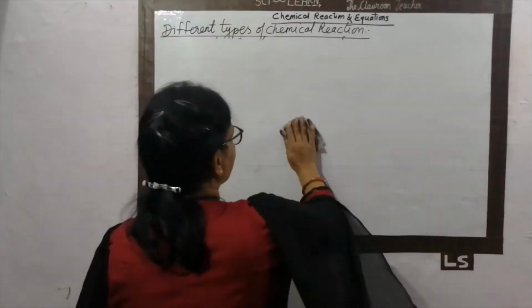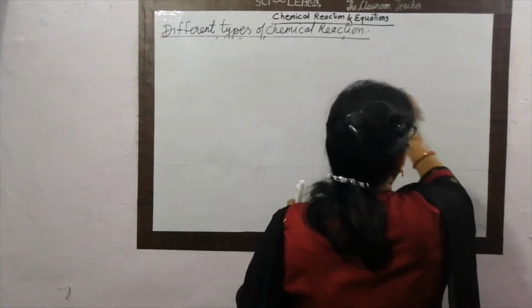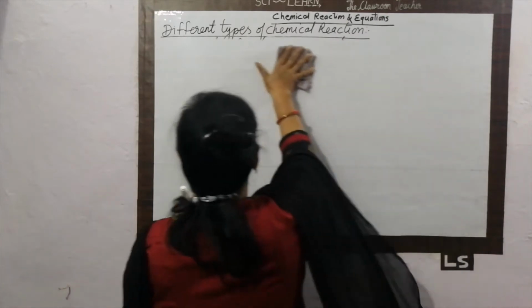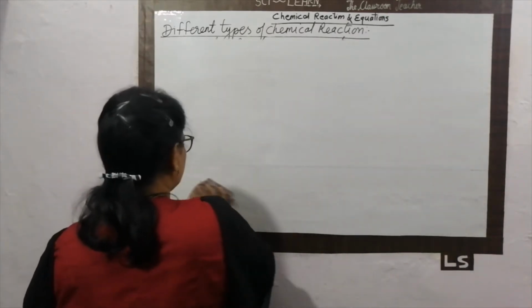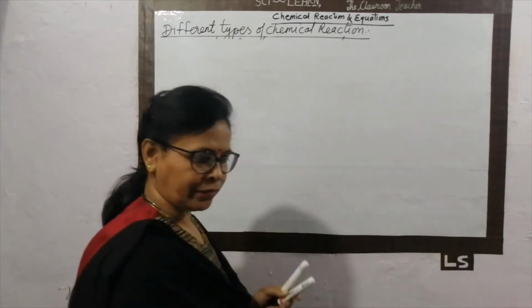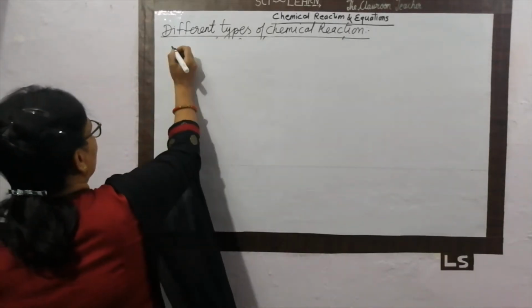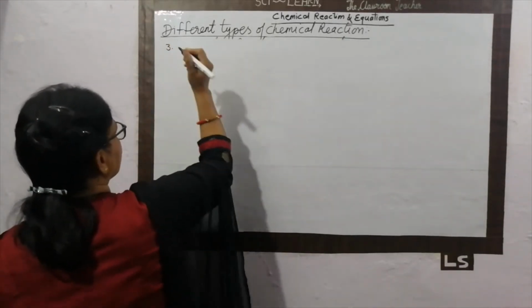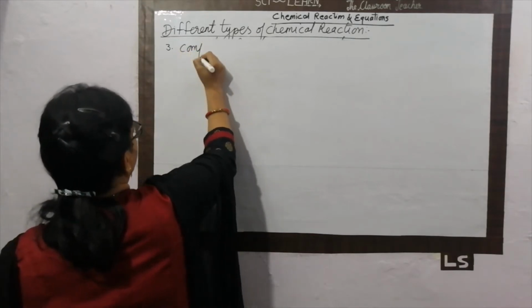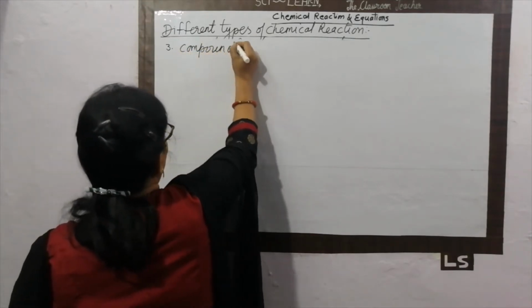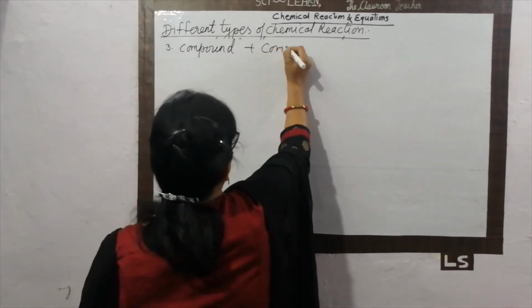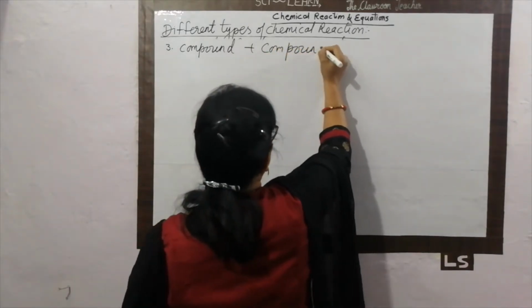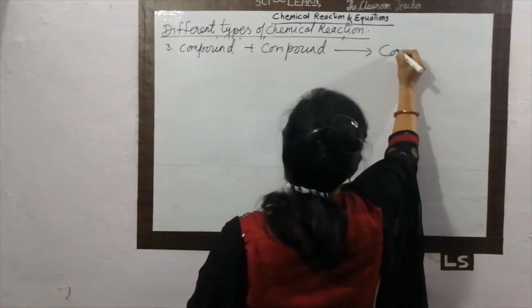So see the example, when a compound combines with another compound to form a single compound. This is the third type of combination reaction.